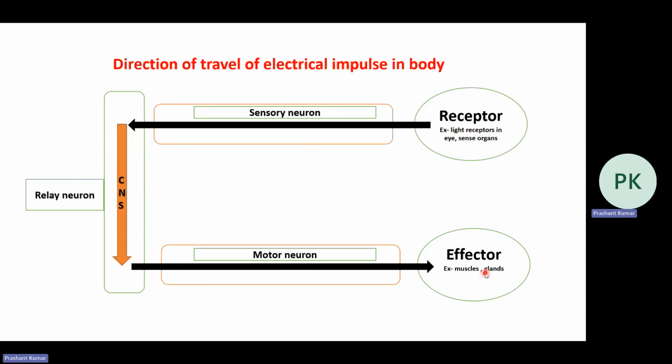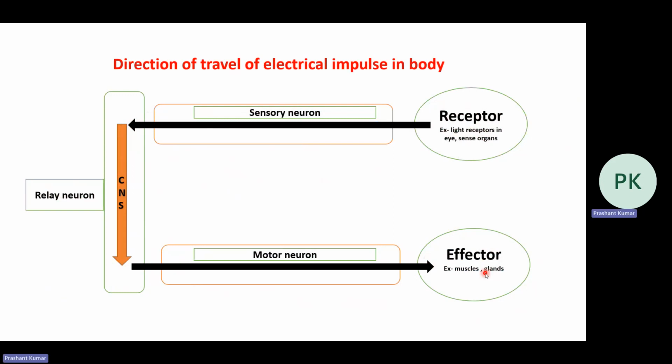Take an example of how this whole process goes on. Suppose you are touching a hot object, right? The plate is hot, that response goes to the brain, which suddenly gives the information it's hot, we have to leave it, right?